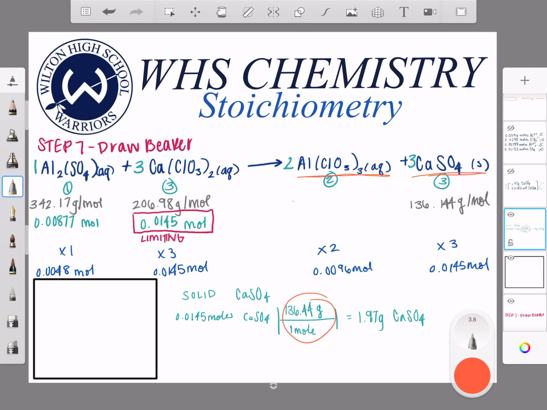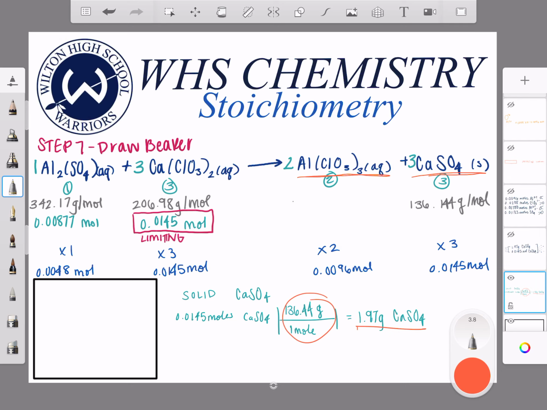Now that we have the CaSO4 solid in grams, we can draw it in our beaker. We wrote in the value in grams, and I also put it in as moles. You always have to write your units and the chemical formula. Then you draw brackets around it and little dots to represent that it's a solid, and you draw it on the bottom.